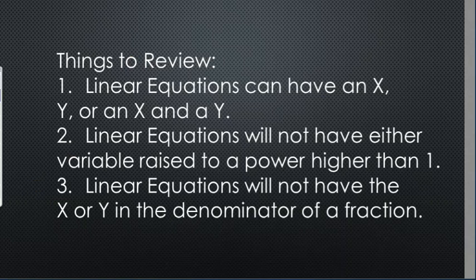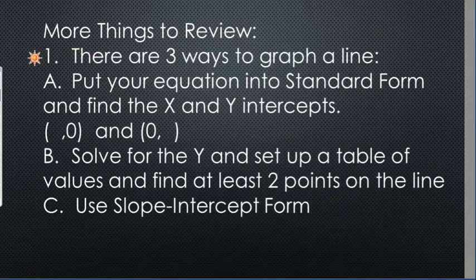After we learned about linear equations in this class, we learned about how to graph linear equations. And in this class, you have learned that there are 3 ways to graph a line. The first one is to put your equation into standard form and find the x and the y intercepts by letting the y be 0 and solving for the x, and letting the x be 0 and solving for the y.